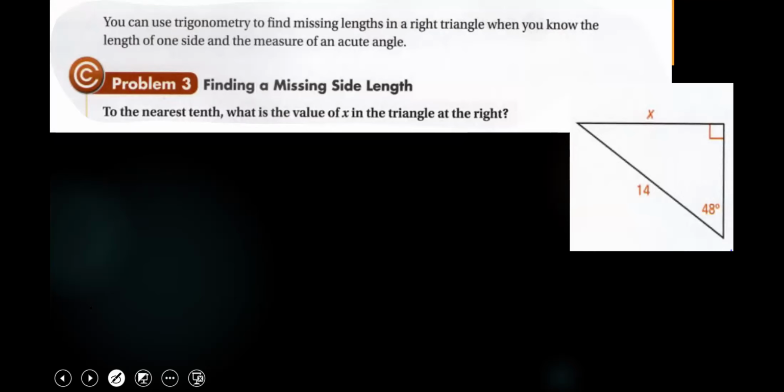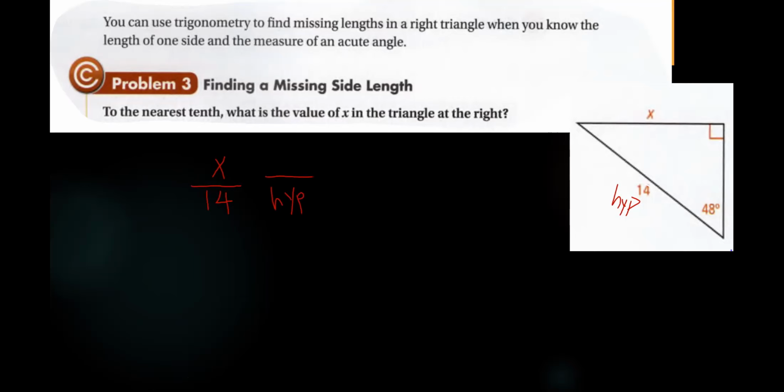Here, what do I have? I have 14, which is the length of the hypotenuse, I have an angle 48, and I need to find x. I will put x over 14, where 14 is the hypotenuse.